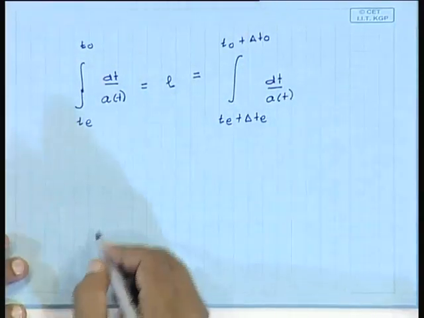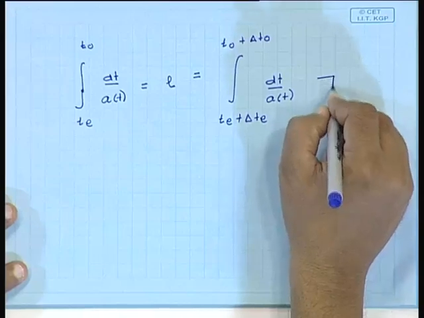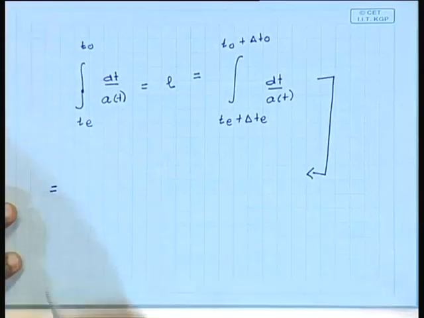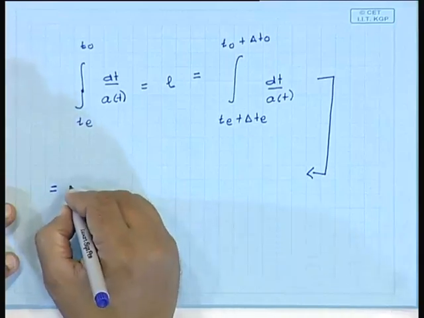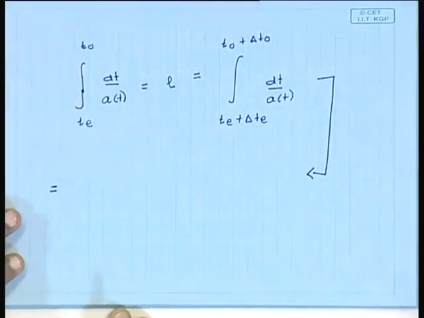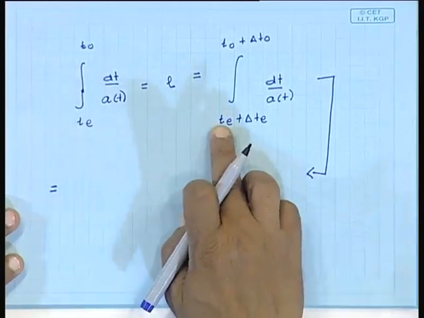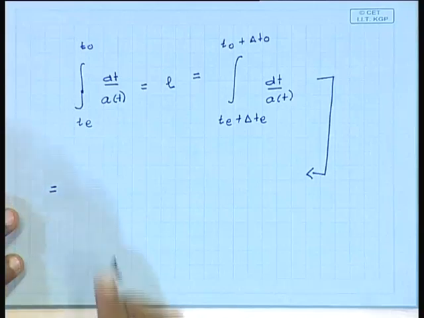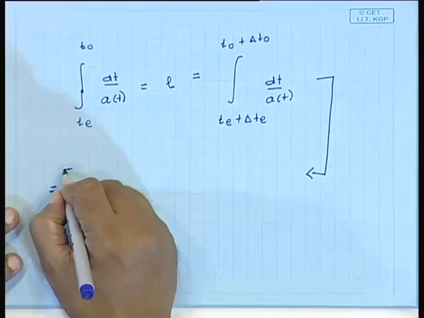Now, the second integral can be written as 3 integrals. The first integral is from T emitted plus delta T emitted to T emitted. Okay, so I am writing it as 3 integrals.